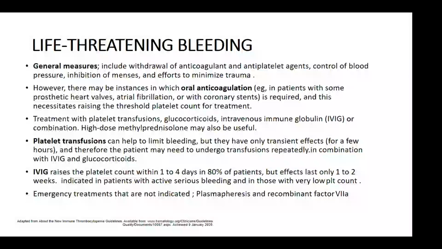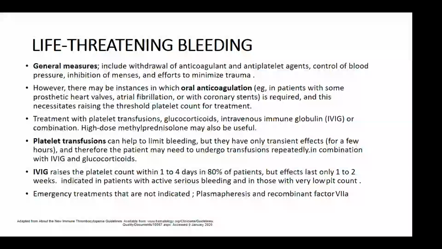Platelet transfusion can limit bleeding, but the effect is transient, lasting a few hours, and therefore patients need to undergo transfusion repeatedly in combination with IVIG. IVIG increases the platelet count within 1 to 4 days in 80% of patients, but the effect lasts only 1 to 2 weeks, allowing you to start a new treatment or add on treatment.